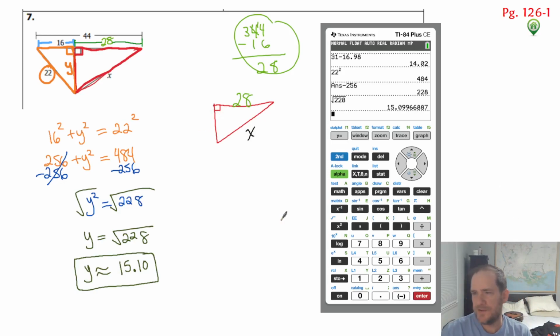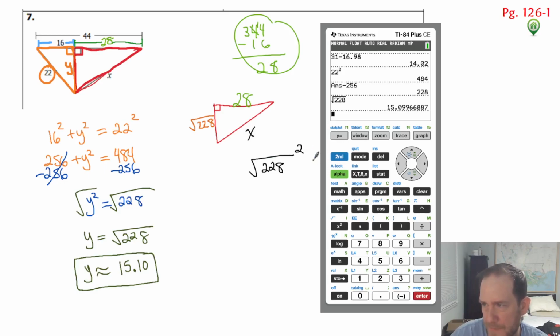Although, I don't know that I would use decimals here. I've been telling you guys to use radicals, so why not just leave this side as the square root of 228? So now if you go to solve for x, then you'll grab those two legs, which is root 228, and you'll square that, and you'll add to that 28 squared, and that'll equal x squared. And again, I'm probably behind the calculator, so let me move it again over to there.